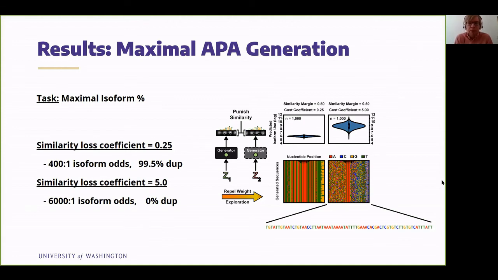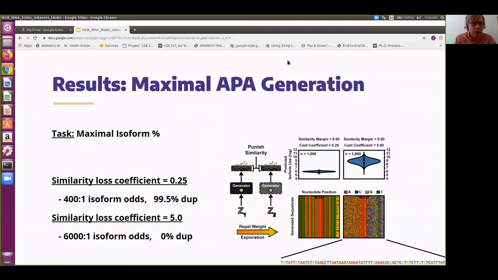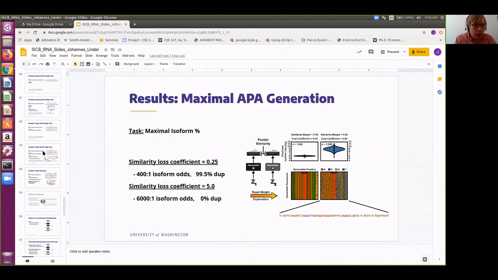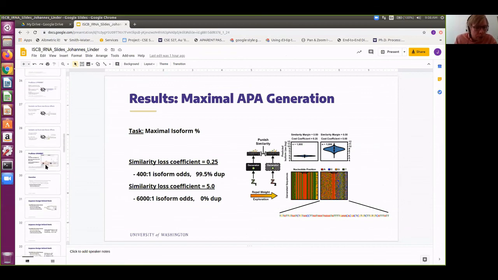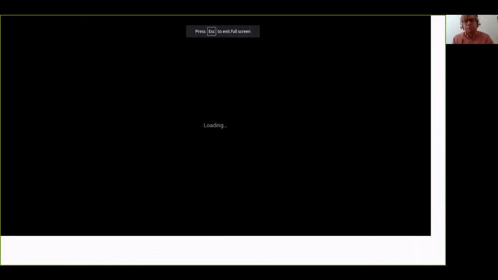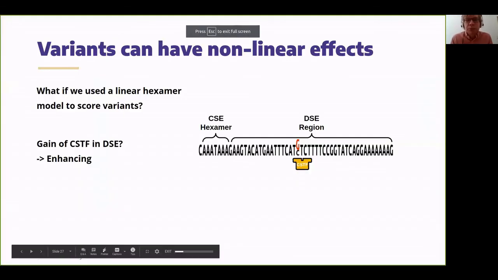Now, the second question. We did find, in the paper, I think we mentioned a couple of very interesting variants. Actually, I do have one interesting slide, if we have time, that I didn't get to show, which I think really highlights a good selling point for neural networks and nonlinear models of regulation.